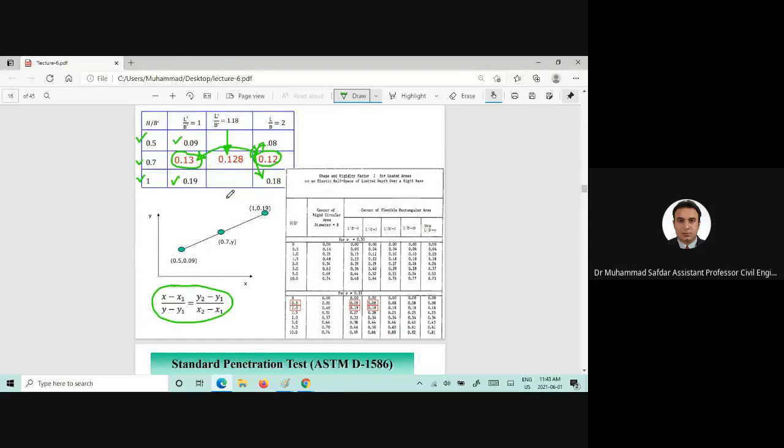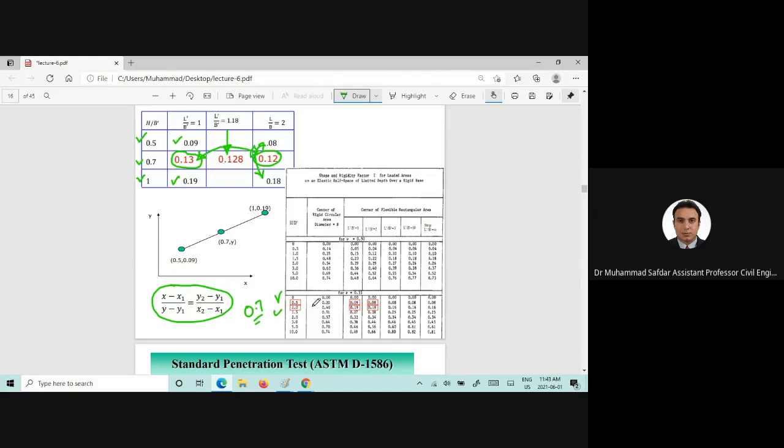The only thing is that you need to do those calculations for a few minutes. The reason behind that is that 0.5 H prime and B prime is given here, and H prime B prime 1.0 is given, but in our example we were given 0.7.